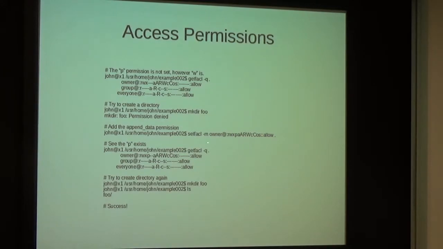So I add a P here to the existing permission set, and then I show that it's there, and then I go here to make a directory, and now the directory is successfully created. Make sense? Okay, yes?